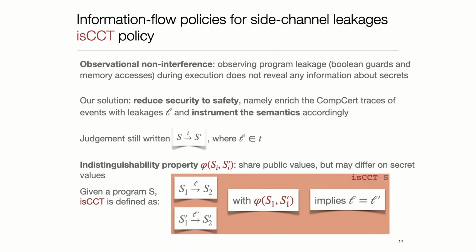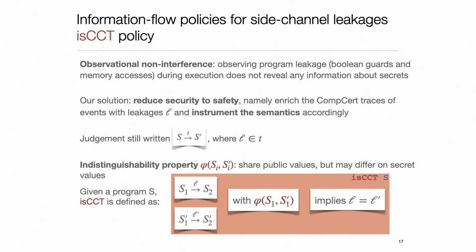So more precisely, a program S is considered cryptographic constant time when, given two indistinguishable states S1 and S'1, and the two corresponding executions, their traces are exactly the same.